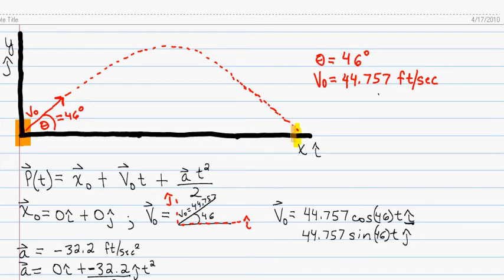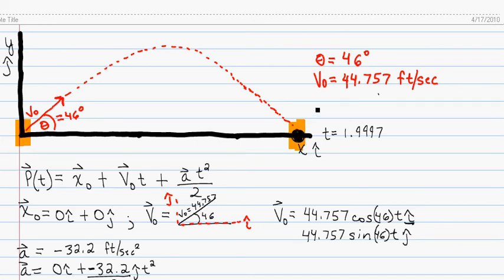So that leaves this part over here to be the 1.9997. So at t equals 1.9997, we're right here. We've hit the ground.